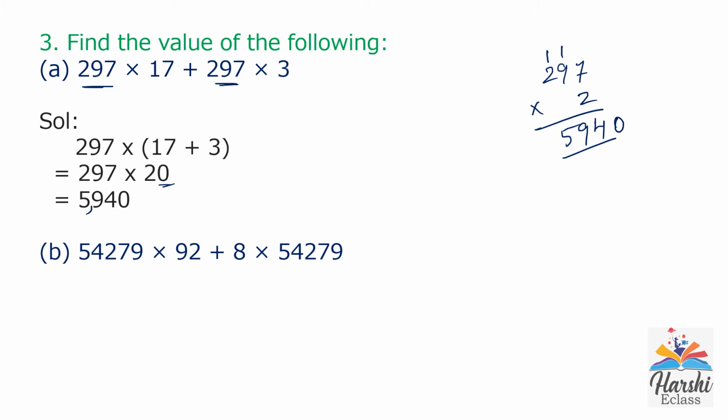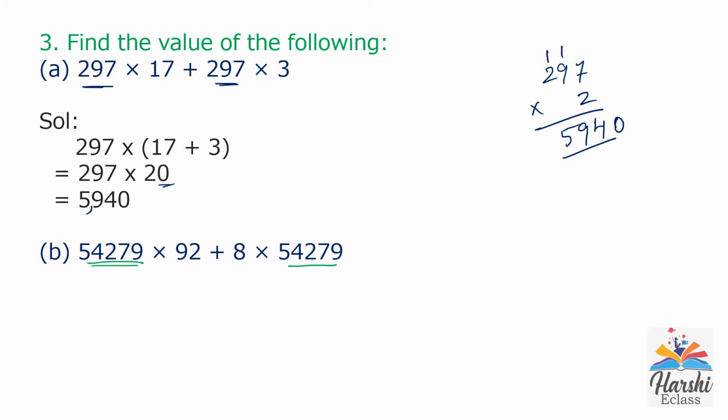B1. 54,279 multiplied by 92 plus 8 multiplied by 54,279. Here also the common number in both the multiplications is 54,279.